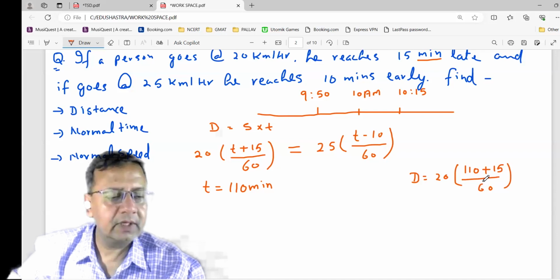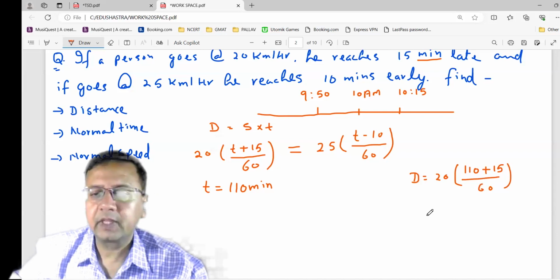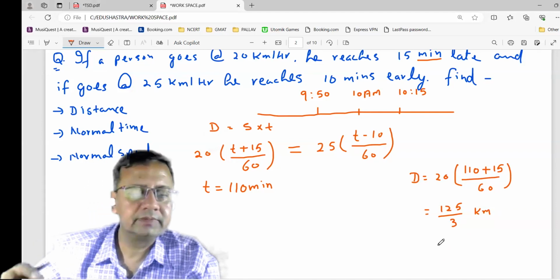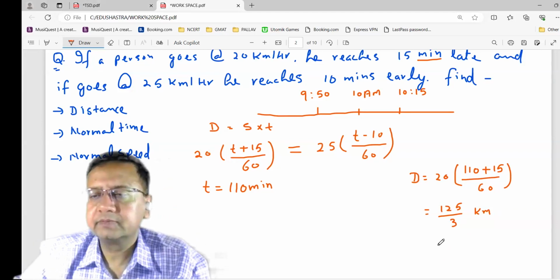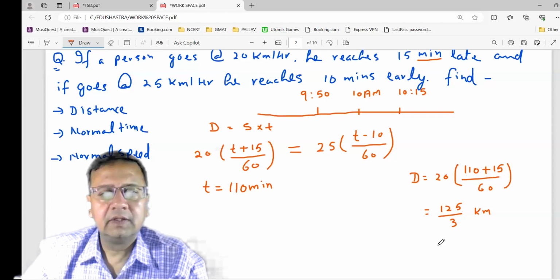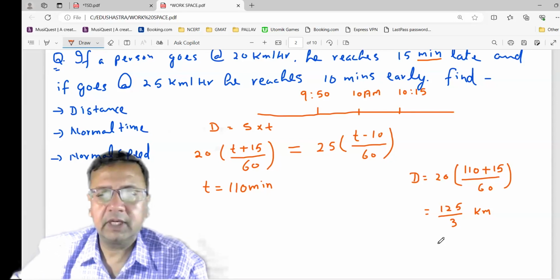So how much is the distance? This is coming out to be 125 by 3 kilometers. So distance is done, normal time is done.